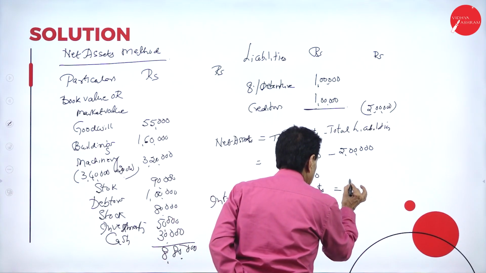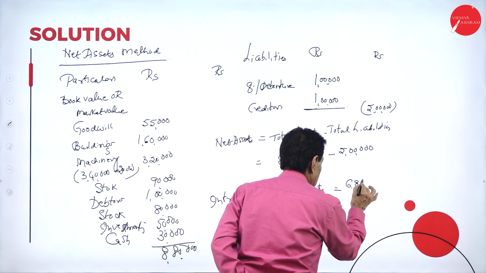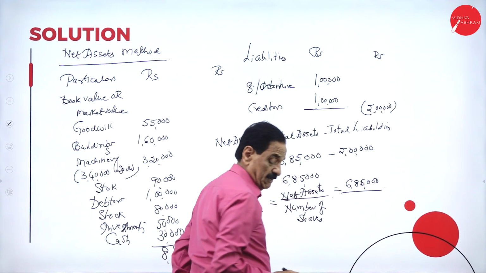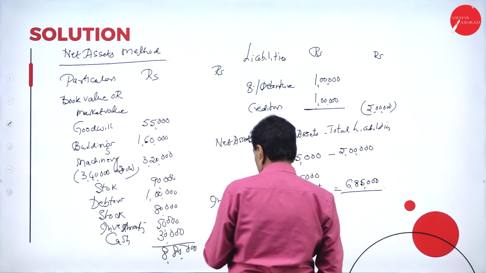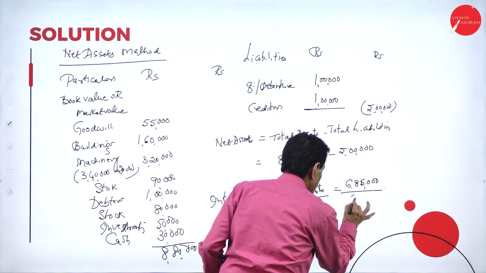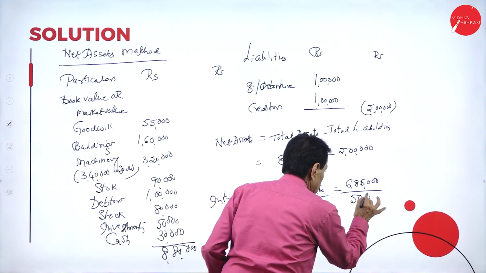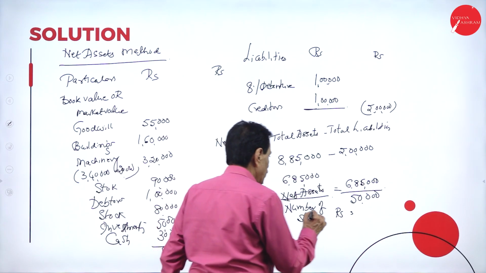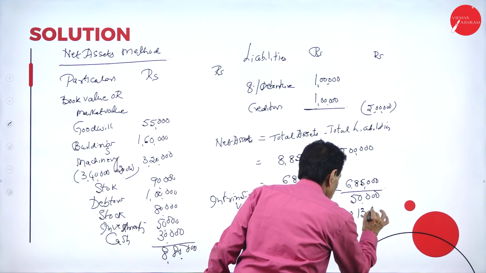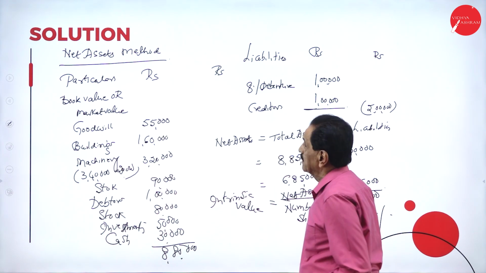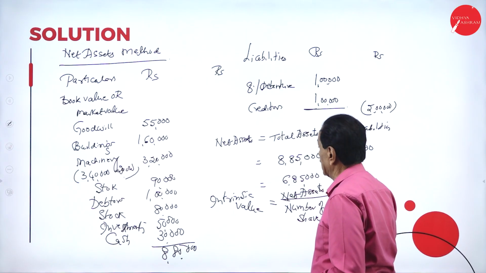This is 6,85,000 divided by number of equity shares, 50,000, which gives 13.7. So this is the value as per the net asset method.